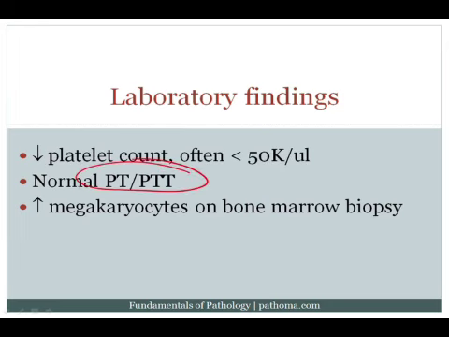All of the coagulation factors are going to be normal, and therefore the PT and the PTT are also going to be normal. Finally, because we're destroying platelets outside of the bone marrow, the bone marrow is going to respond by trying to produce more platelets. And as it tries to produce more platelets, we're going to see a hyperplasia of the megakaryocytes. We're going to see an increased number of megakaryocytes on the bone marrow biopsy.